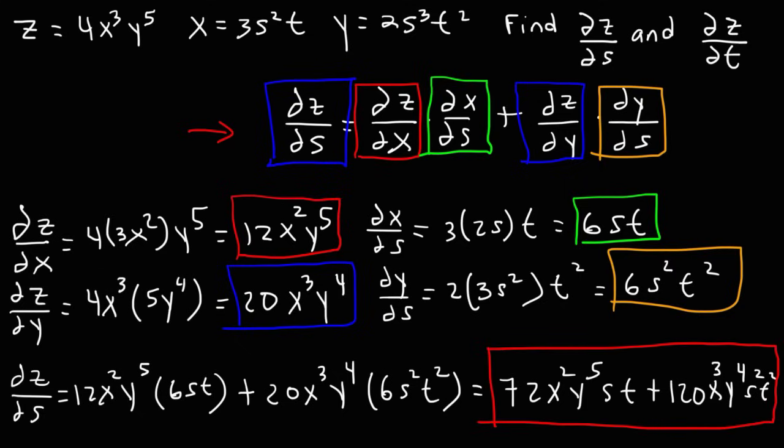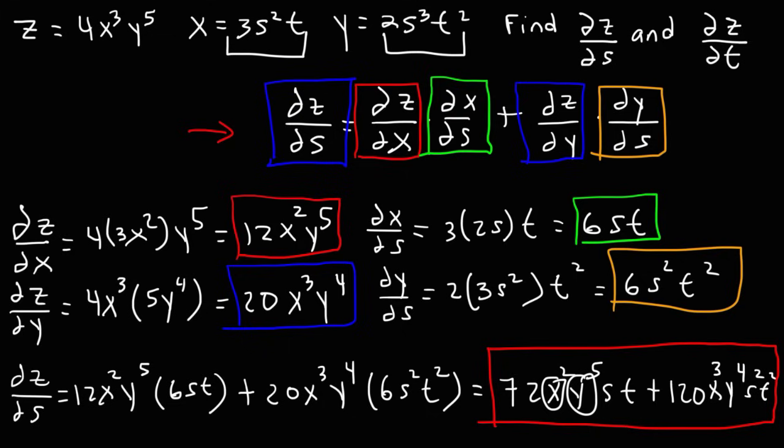Now, if you want to, you could replace x with 3s squared t, and you could replace y with 2s cubed t squared. So you can get the partial derivative of z with respect to s in terms of s and t if you want to eliminate x and y. But I'm not going to do that here because, as you can see, I am running out of space.